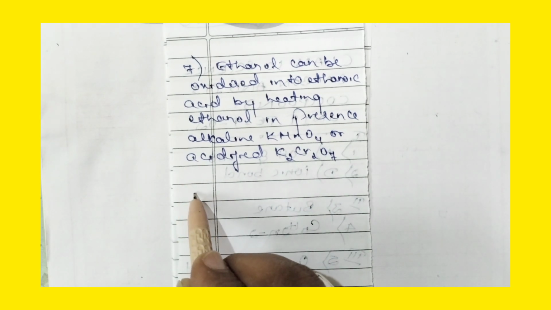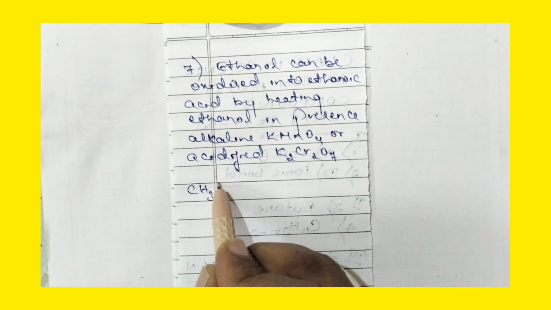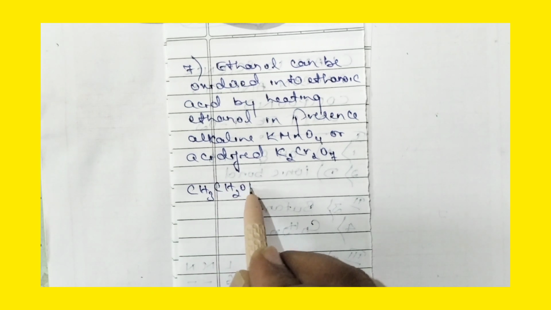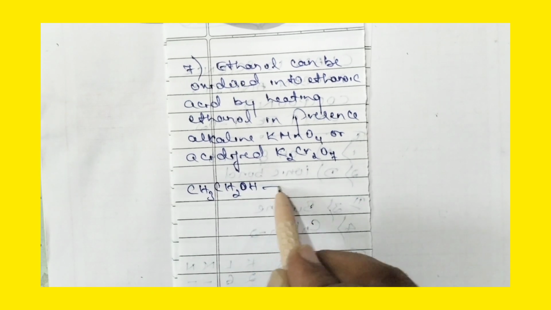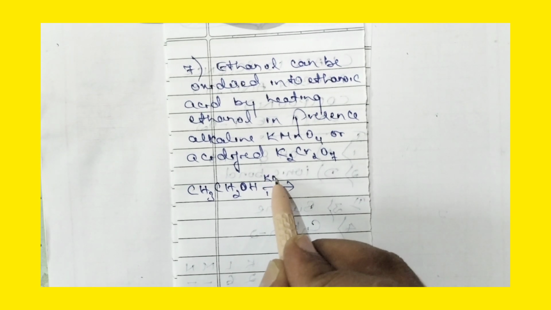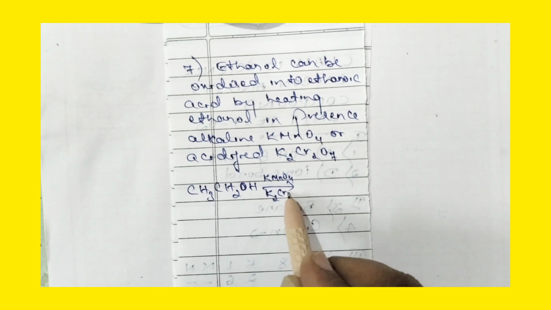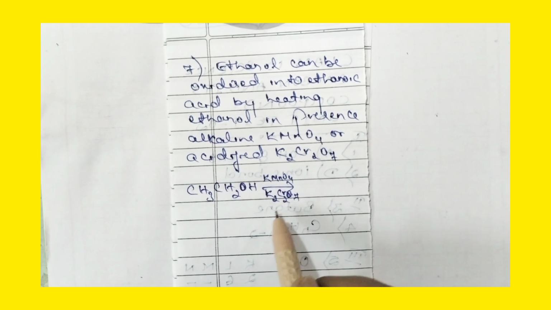Let us write the equation. Alcohol, CH3CH2OH, is heated in the presence of alkaline potassium permanganate or acidified potassium dichromate, K2Cr2O7.